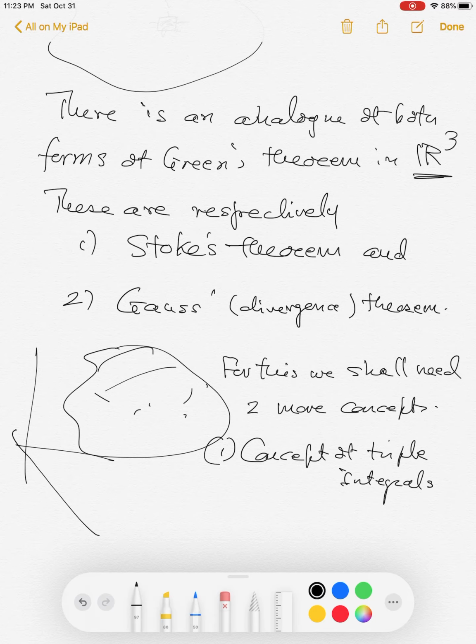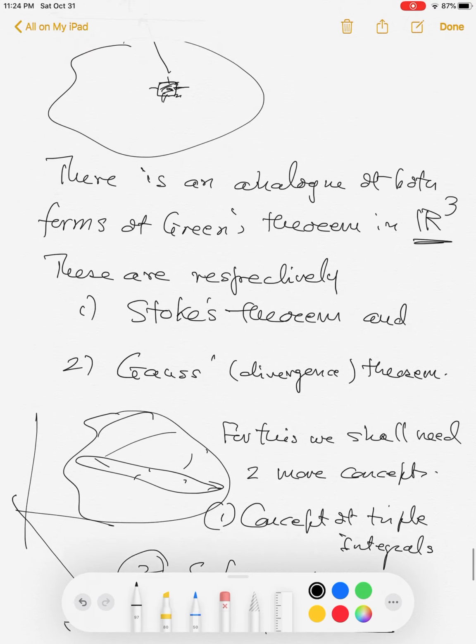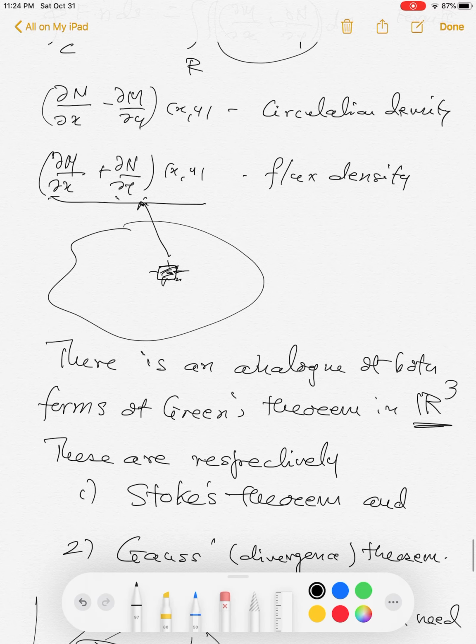One is the concept of triple integral, integrating over volumes, which is a three-dimensional analog of the double integral, and then something called surface integrals, which is the analog of integrating along a curve in 2D. So now in 3 dimensions you will have a surface and you would like to integrate on a surface. That's why Calc 3 is not an easy course, because you have too many new ideas and you need to compute with them and get at ease in a short period of time.